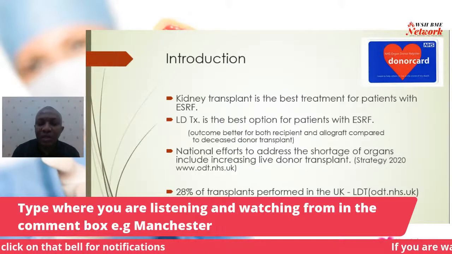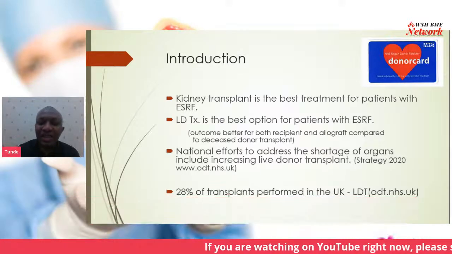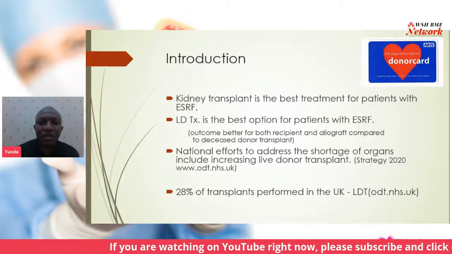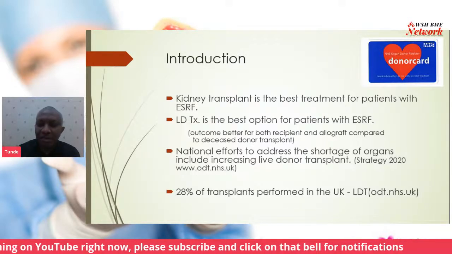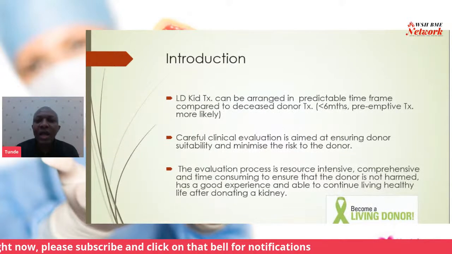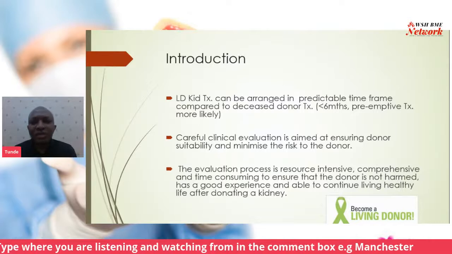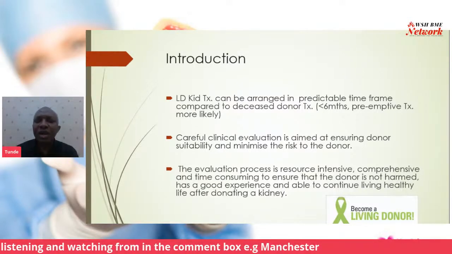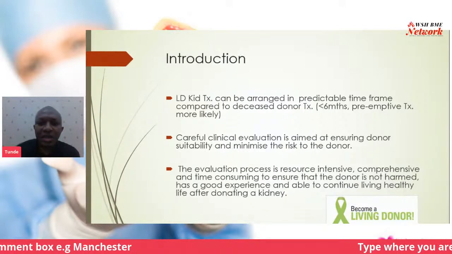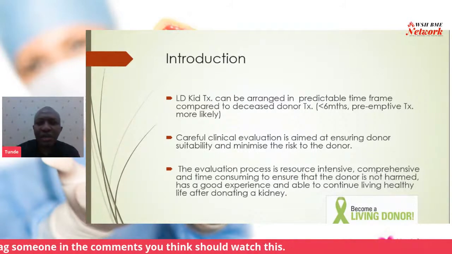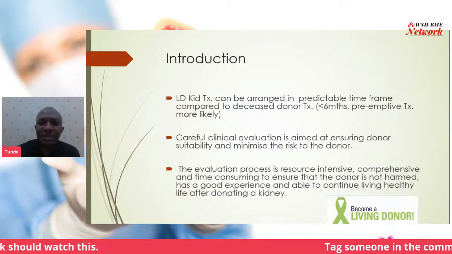So the UK is trying to do better. A lot of investment and a lot of effort has been put into trying to increase the live donor organ rate. Now, why do we talk about live donors? Live donation gives you options that a deceased donor transplant will be difficult to achieve, because it can be organized in a predictable manner.